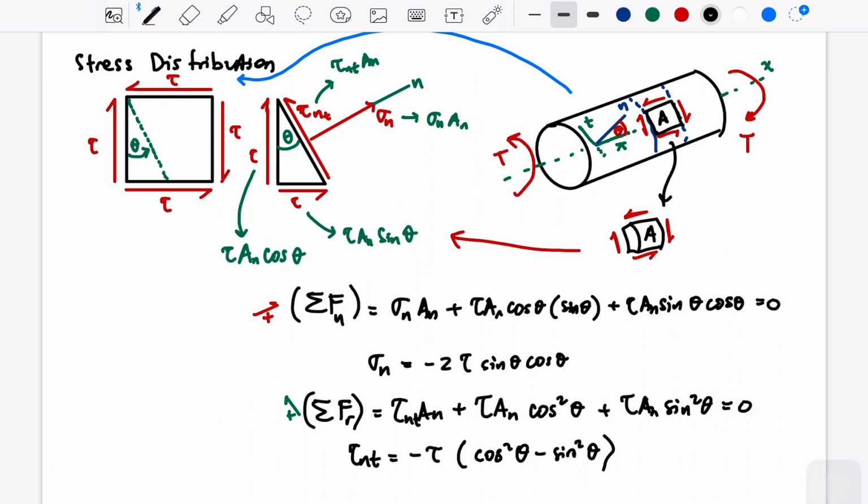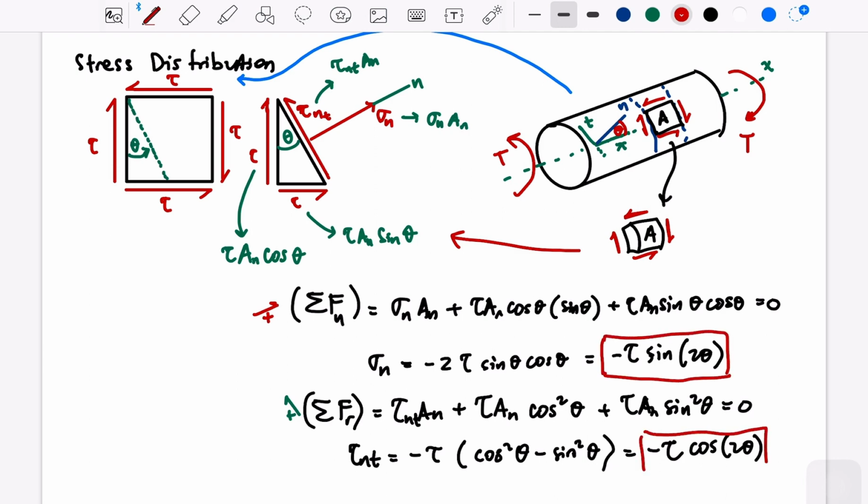Now this can be written with the double angle formula. This is going to be negative tau sine 2 theta, and this is negative tau cosine 2 theta. So we have this formula, both for the sigma and the tau.